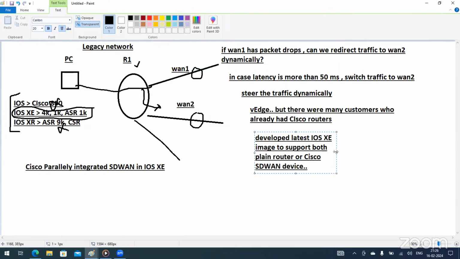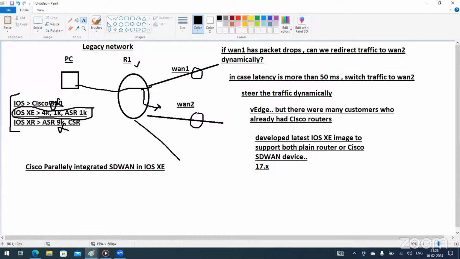So using the latest code, let's say a 17.x image on Cisco routers, there are 2 modes in which a Cisco router can act. One as a plain router. When a Cisco router is acting as a plain router, it won't be able to understand the SD-WAN language. The automation points that I explained would not be available on the Cisco router.